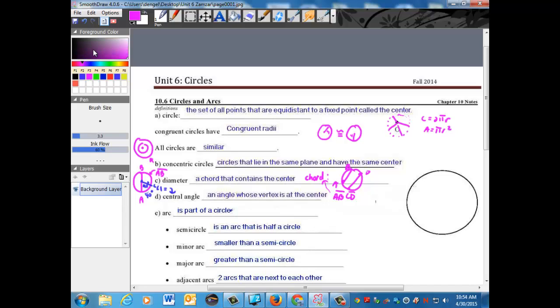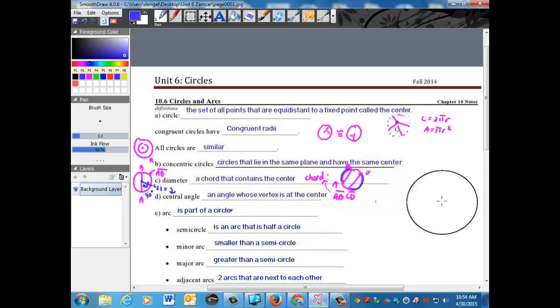That leads us to our term arc. Let's change colors again. An arc, I could say, from AB or from DC, is part of a circle. This is part of our circle right here, AB and CD.